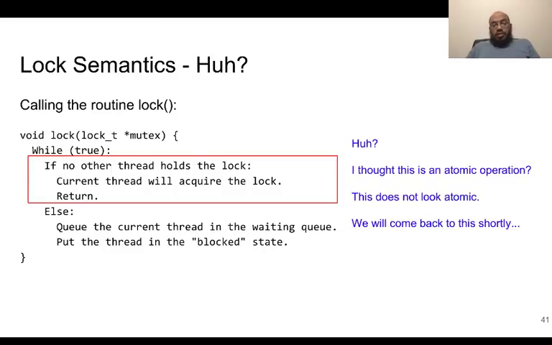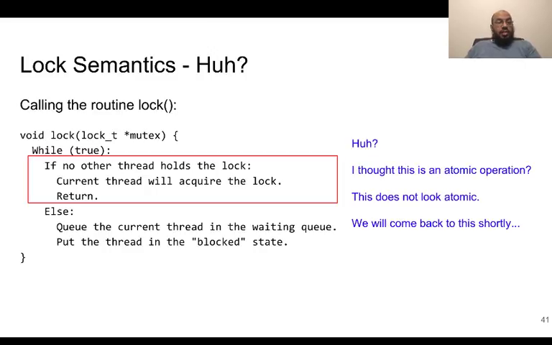Okay, here's something that you might ask yourself about. Shouldn't this be an atomic operation? And yes, it should be. This does not look atomic because if you think of the while loop, you can get descheduled. You can get removed from the processor right after you call the while, and that would be pretty dangerous.